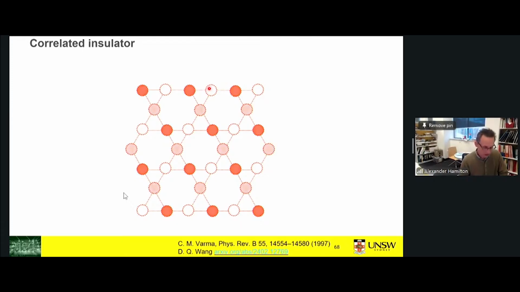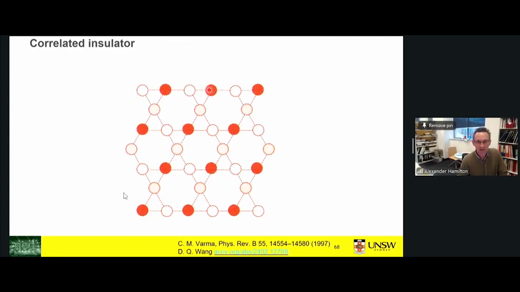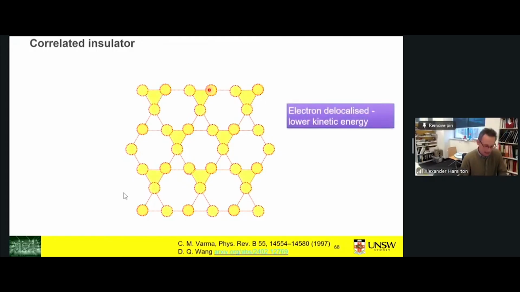And I could also hop diagonally down and again have 1/3 filling. In fact, all of these 3 positions are 1/3 filling of the lattice. So if they are all equivalent positions, the electron will want to delocalize across all 3 of these lattice sites. That will reduce its kinetic energy.